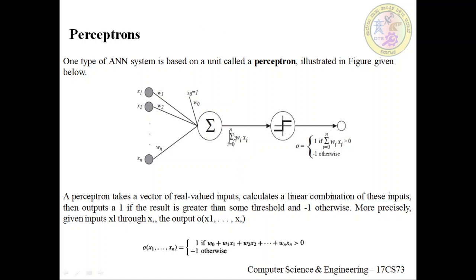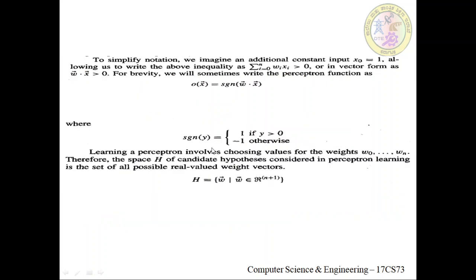The simplified notation is given here. To simplify this notation, we can imagine an additional constant input x0 equal to 1, which allows us to write the above inequality like this.